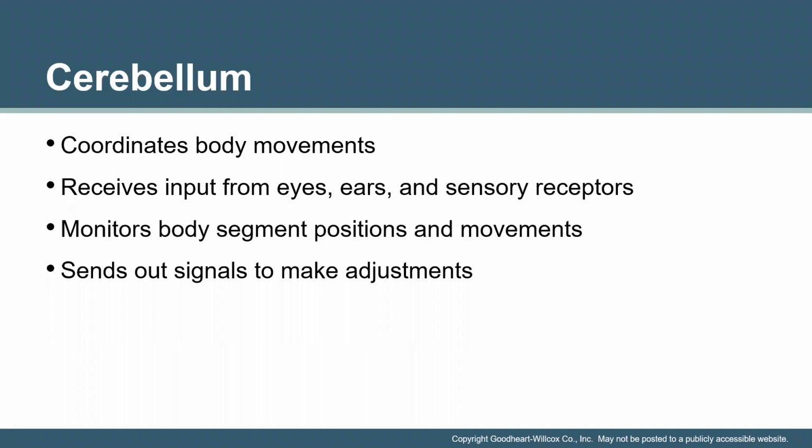It has an important role in regulating body movements as well as coordinating balance. It will receive input from eyes and ears and sensory receptors from all over the body, telling it about proprioception, which is awareness of itself.